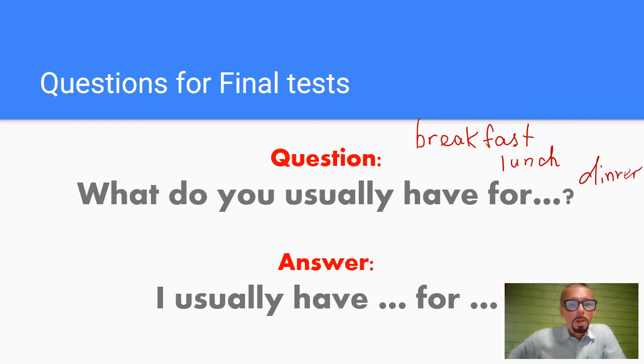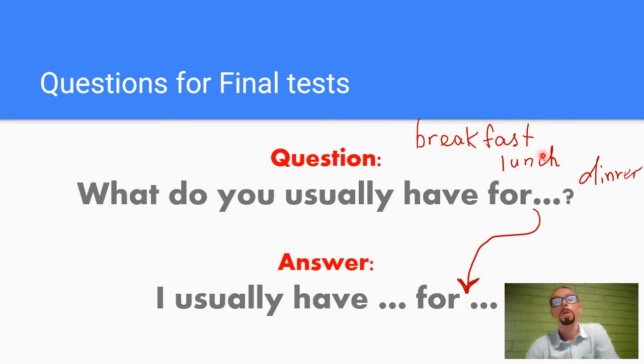So, what do you usually have for lunch? You can answer, I usually have a salad for lunch. So you just move this part of the sentence into the answer. And I usually have for lunch. If the question is, what do you usually have for breakfast? You can say, I usually have eggs for breakfast.